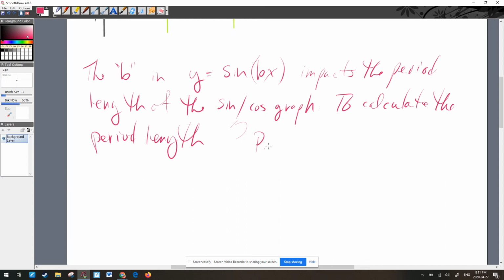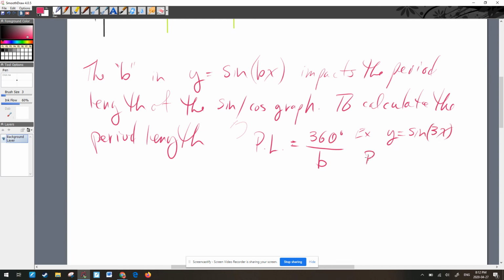Period length is equal to the unaltered period length, so the regular period length of the function, which is 360, divided by b. Okay, so imagine, as another example here, if we had y equals the sine of 3x, what would the period length be?